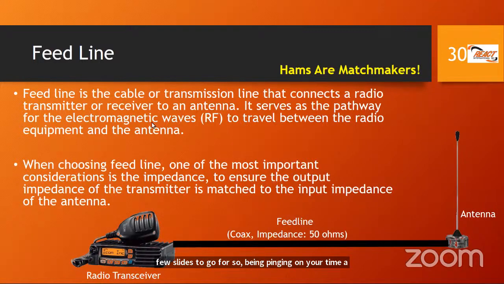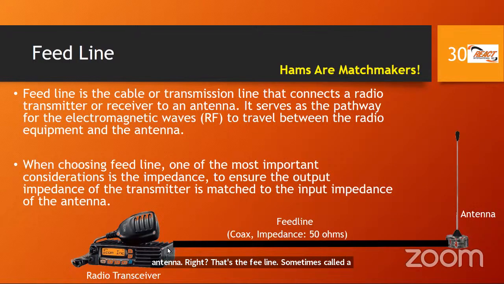So we need to be aware what feedline is, and we would have mentioned feedlines previously, right? And we said that the feedline is this cable that we use to connect our radio to our antenna, or our transceiver to the radiating element called the antenna, right? That's the feedline, or sometimes called a transmission line.